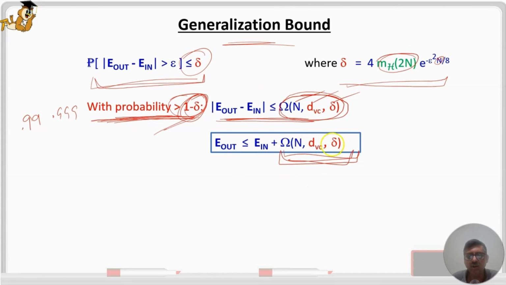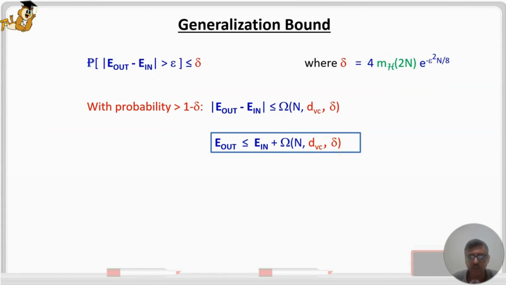This is also known as the generalization bound. It is called the generalization bound because you remember the definition of generalization. Generalization means how well a hypothesis performs on out of sample data compared to in sample data.